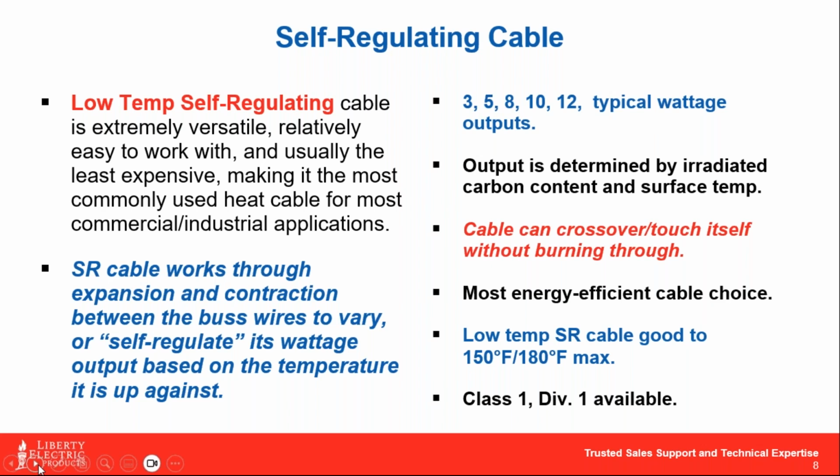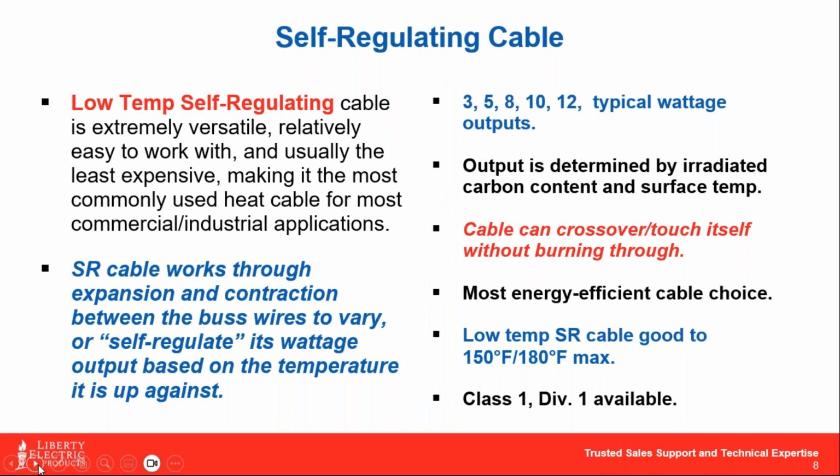Some of the things that help determine its output is the content of irradiated carbon. That's the core of this cable that has the material in it that allows it to expand and contract. So as you can imagine, if you have a higher content of that material in the cable, proportionately your temperature increases should be able to go higher.